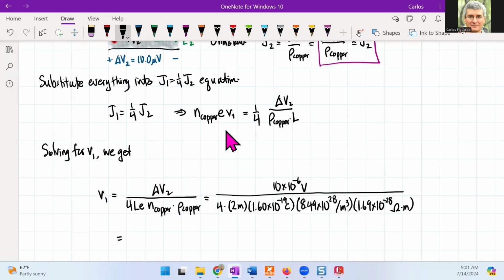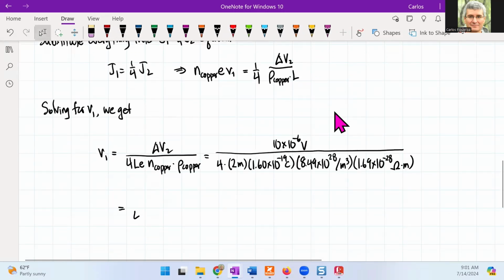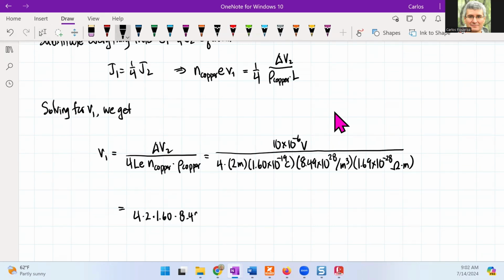So I'm going to get 4 times 2 times 1.60 times 8.49 times 1.69. But then I'm going to look at all of the powers. So look at that. That's minus 19 plus 28.